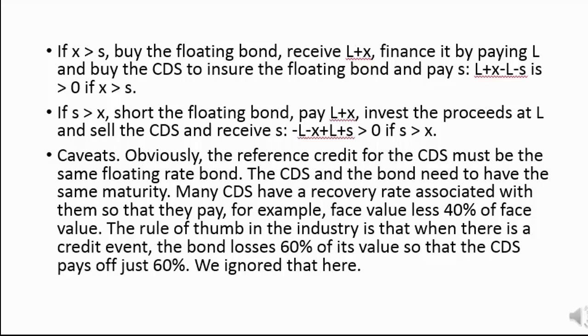They often lose ballpark 60%. So the rule of thumb over a long period of time has been that the payoff to a credit default swap will be face value, which is par, which is why I talked about par being the price of the bond, minus 40%. So really it pays off 60% of the face value of the bond. We've ignored that issue, but these are some of the issues that you need to take into consideration in the real world.